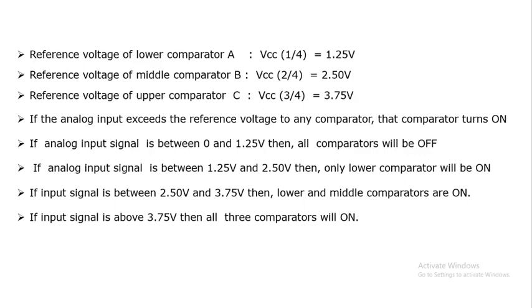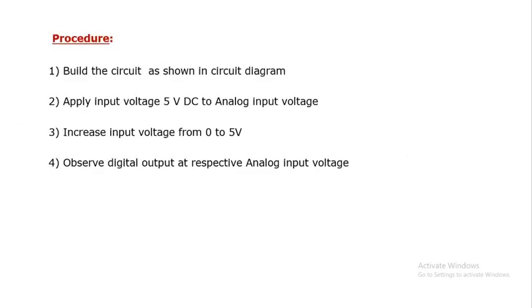If it is between 1.25 and 2.50, then only the lower comparator, comparator A, will be on. If the input signal is between 2.50 and 3.75, then the lower and middle comparators, A and B, will be on. And if the input signal is above 3.75, then all three comparators will be on.